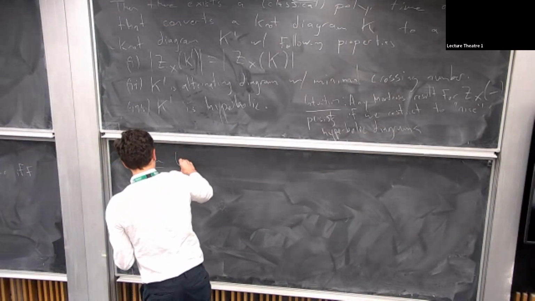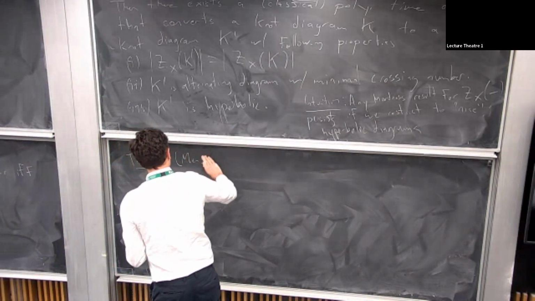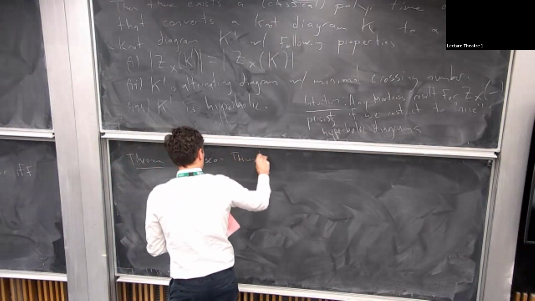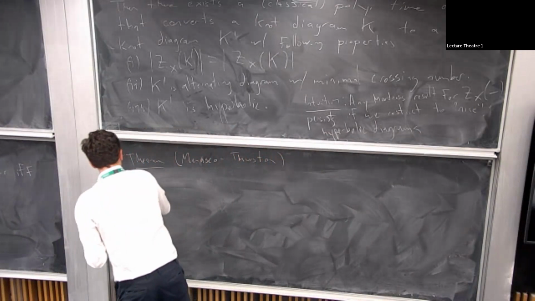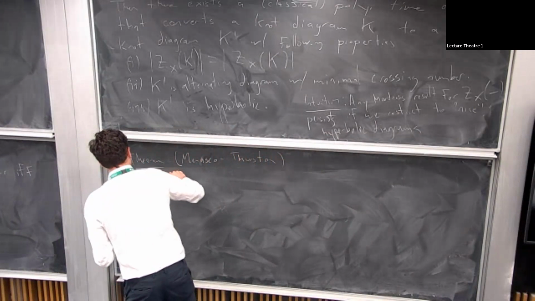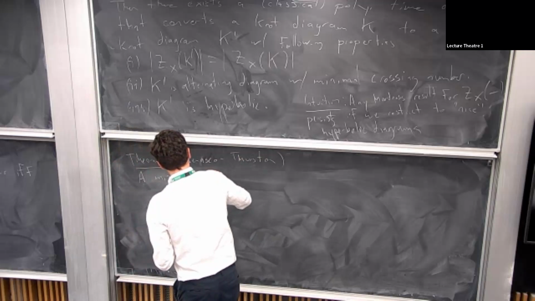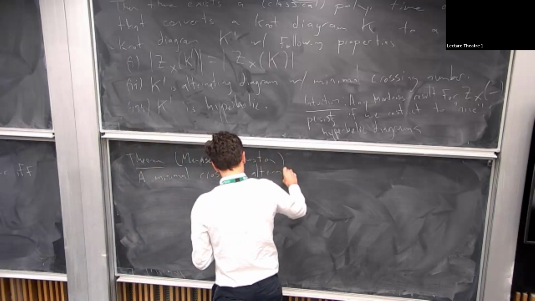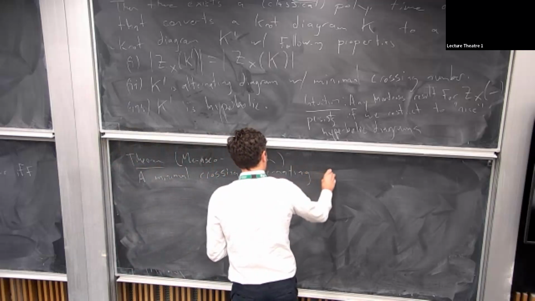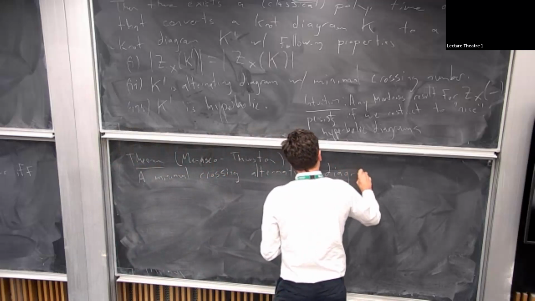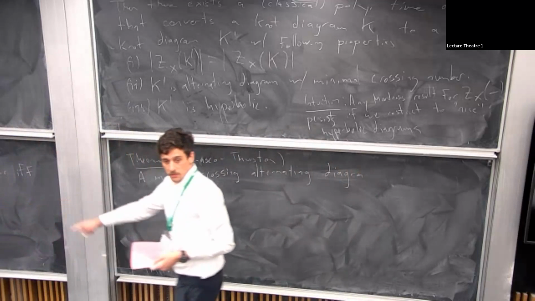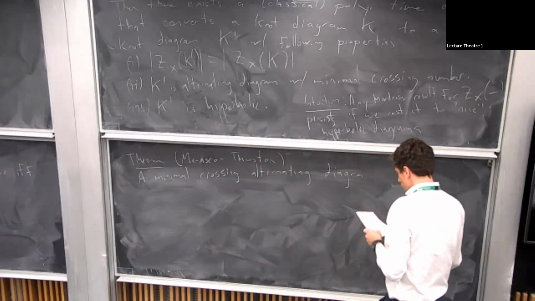So this is Menasco-Thurston. It says a minimal crossing alternating diagram, meaning it's an alternating diagram where we got rid of all those nugatory crossings, must be one of the following.